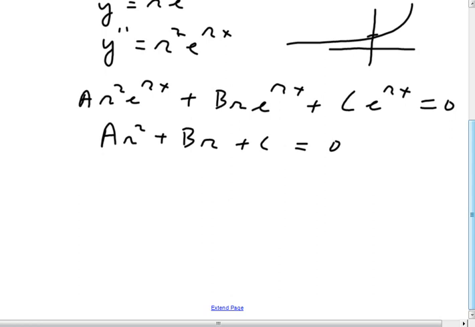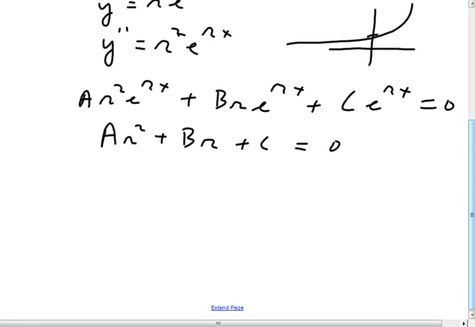And if I have a quadratic formula, what can you tell me about its roots? There's 3 possibilities for the roots of a quadratic.